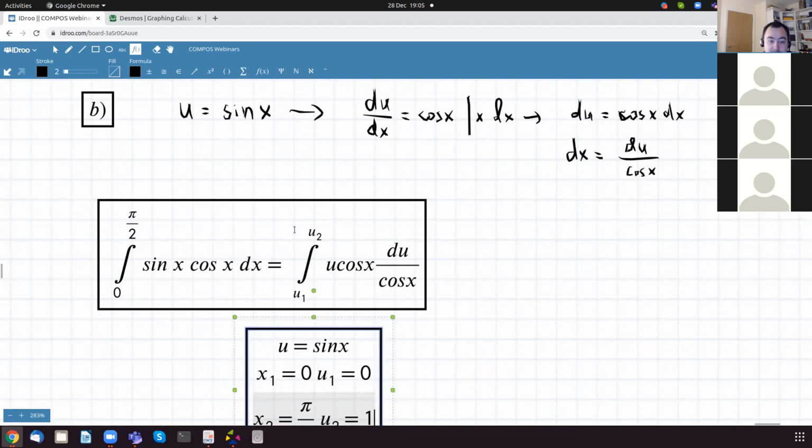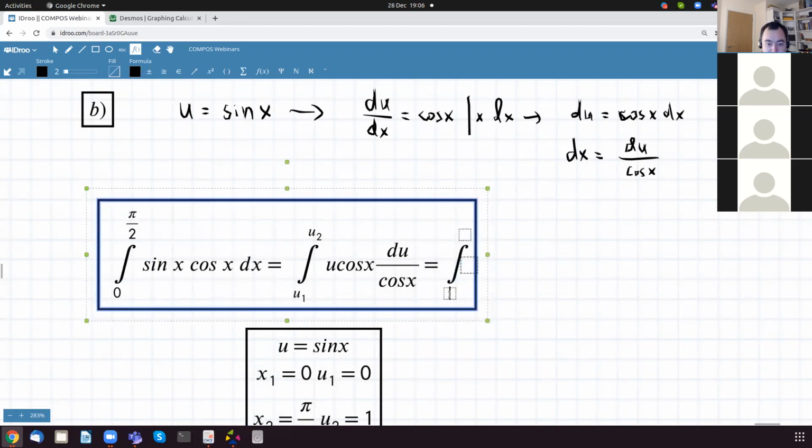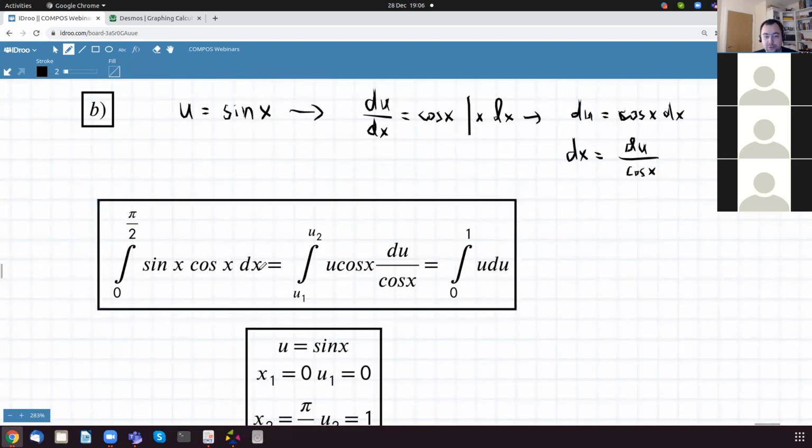So the limits: I have the integral between limits 0 and 1 of u, and now cos x cancels out, so I have du. And now I have an integral with no x's. So that is my aim. We went from no u's to no x's. So we are good to go here.